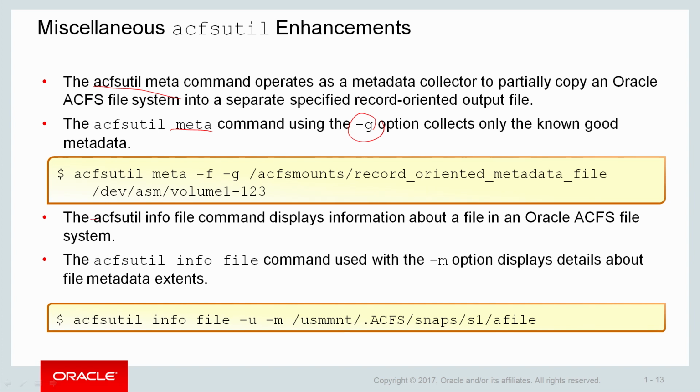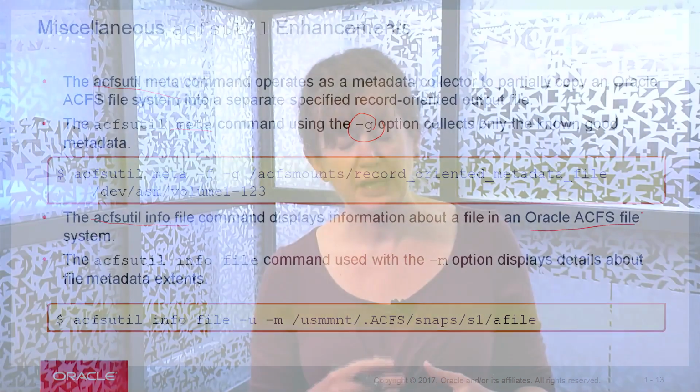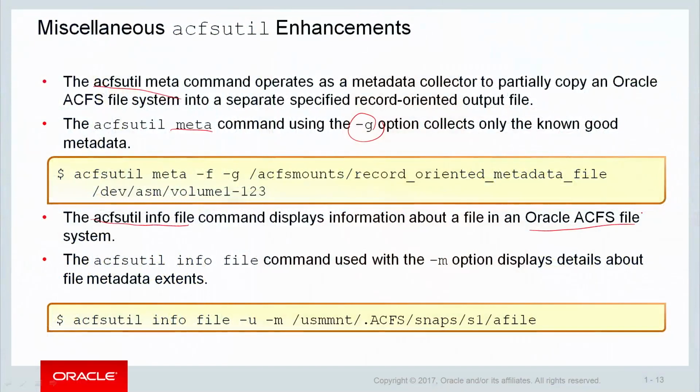We have the ACFS util info file command. This displays information about a file inside an ACFS file system, including things like the extent map. So what blocks or AUs make up this particular file, or where the file is located on the different ASM disks.